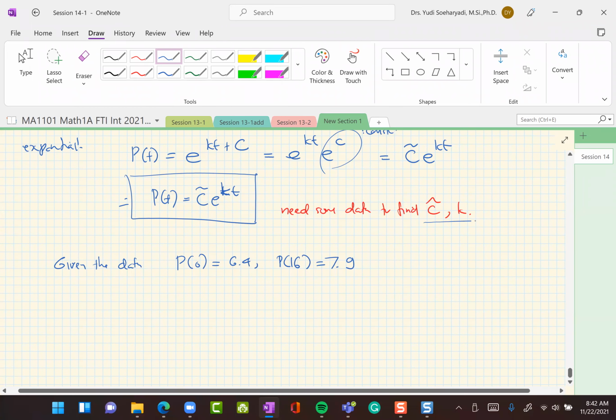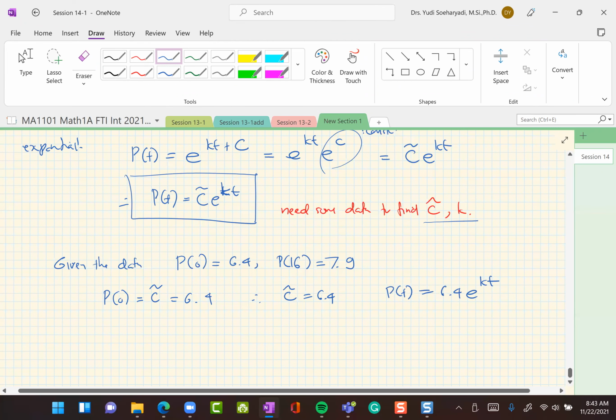So we need to find C and k. Plug P of 0 and P of 16 into this. When t equals 0, e to the 0 is just 1, so P of 0 is 6.4. So P of t should be 6.4 e to the kt.